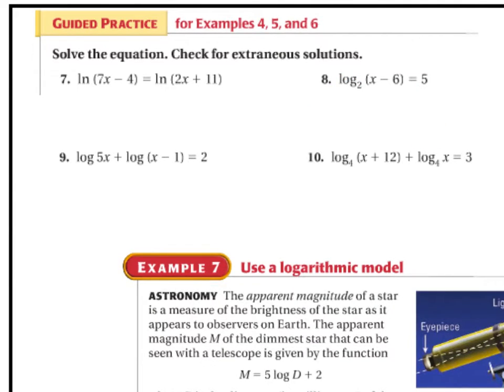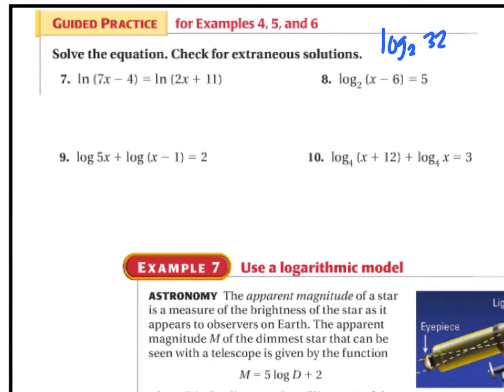And let's check that with our calculator. You check it back into the original equation. We're going to have to use our change of base formula. So I'm going to have x minus 6, so you get 38 minus 6, which is just 32, and it's log base 2 of 32.